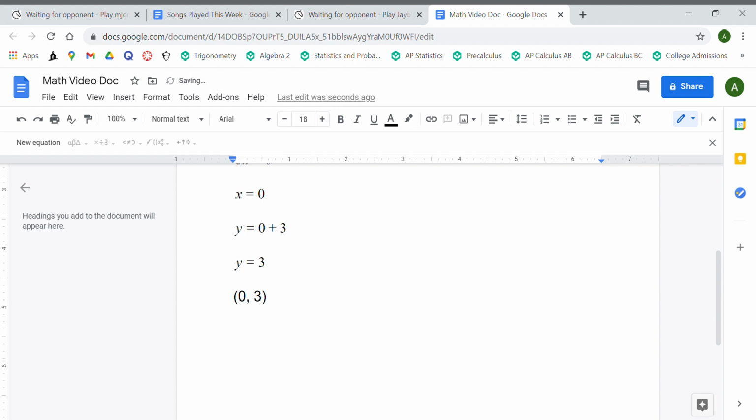Let's see if you can try one on your own. How about I give you x equals 3y minus 2.